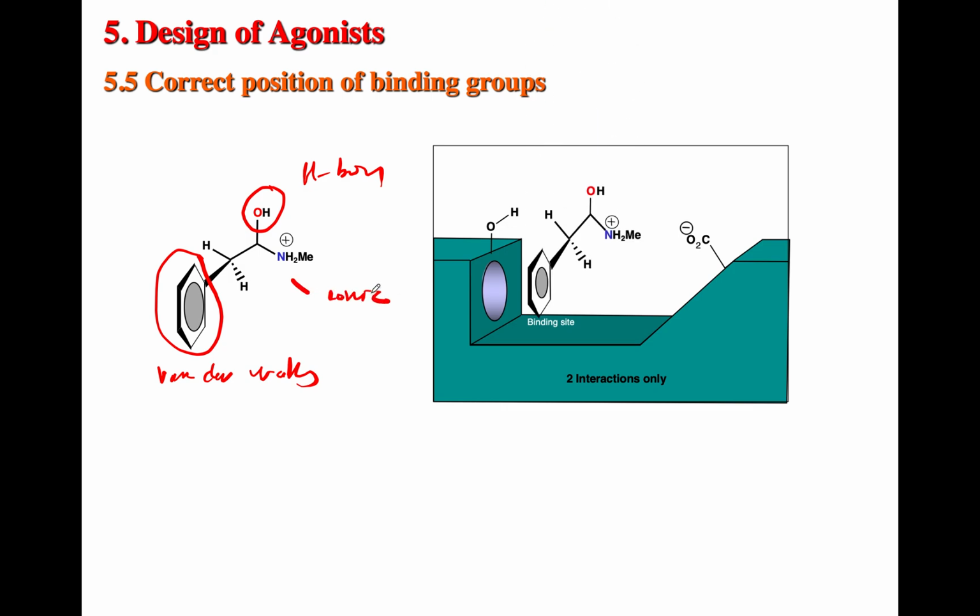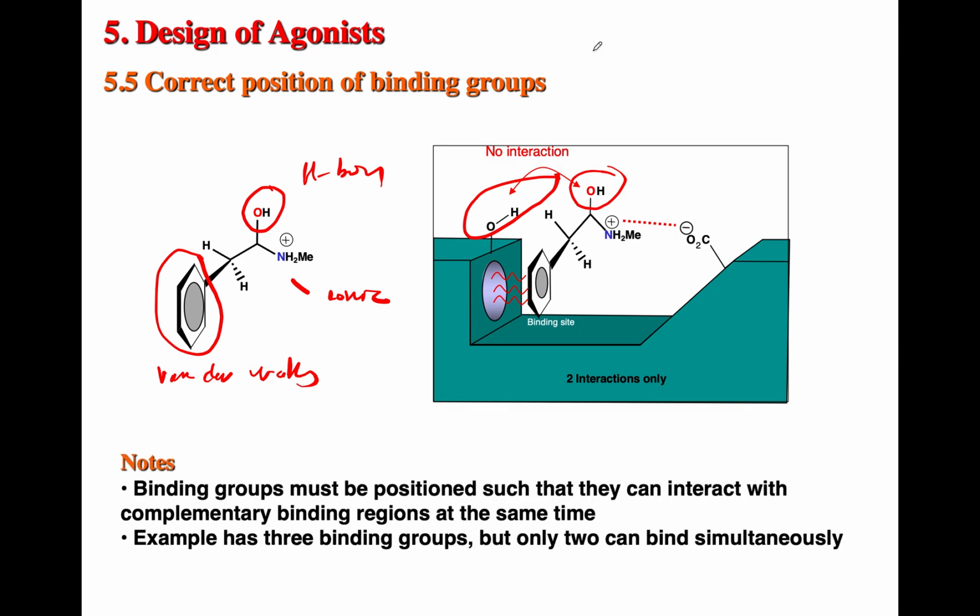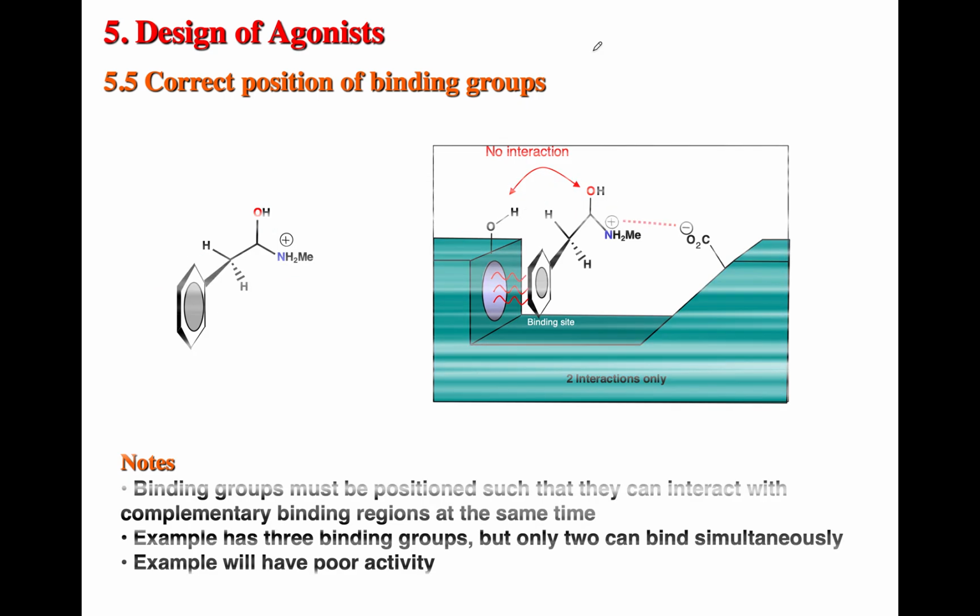It does have all that, but it can only engage in two interactions because the hydroxyl group here is too far removed from the other hydroxyl group here to engage in hydrogen bonding interaction. So there is no hydrogen bonding interaction there. So this molecule will probably have poor activity.